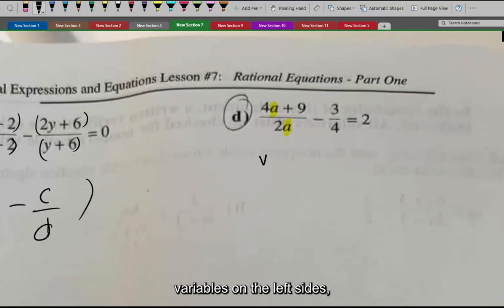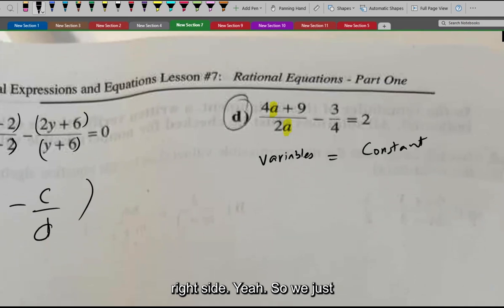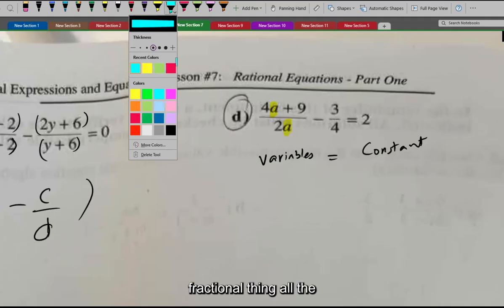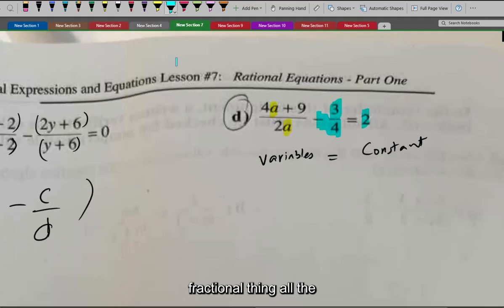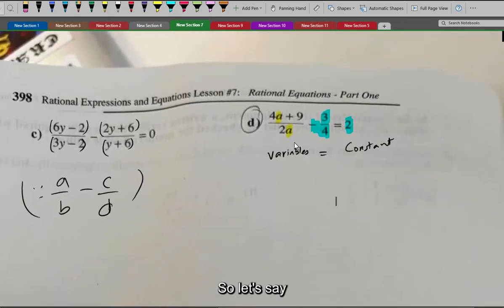So variables on the left side and all the constants, even if they are in fractional form, on the right side. Right. So we just gonna move this fractional thing, all the constants, on the other side first.